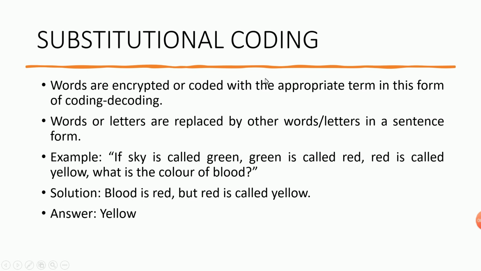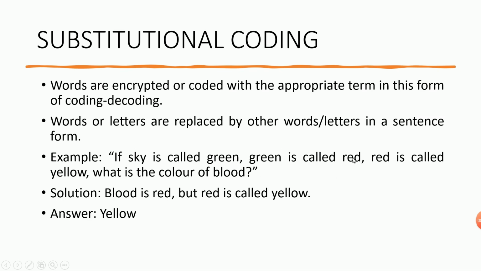Next is substitutional coding. See here, words are encrypted or coded with the appropriate term in this form of coding. So one set of words or letters are replaced by other set of words or letters in a sentence form. So here I have given an example. If sky is called green, so sky is an individual word, green is an individual word. So sky is called as green.